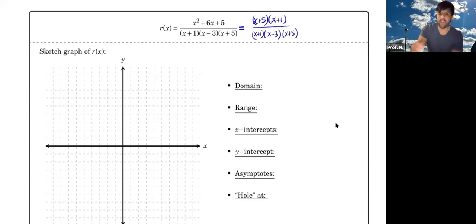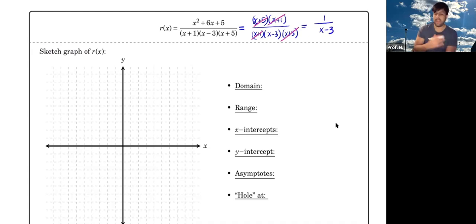Remember, the key observation was that there are going to be holes. The holes occur when you have factors that are in both the numerator and denominator, which is the case here. We have x plus 1, and we have x plus 5, x plus 5. And so therefore, the result is 1 over x minus 3. That's what the r of x is.